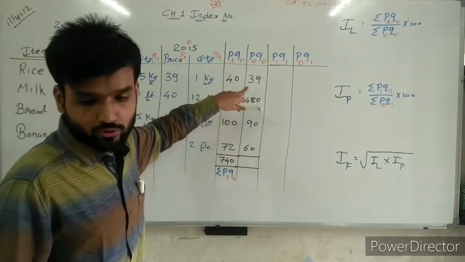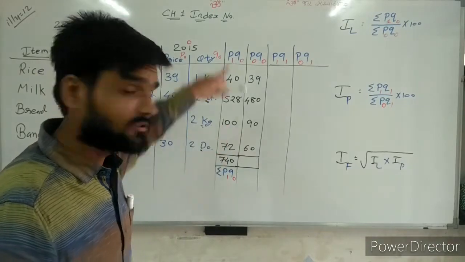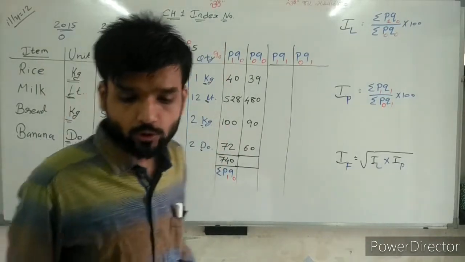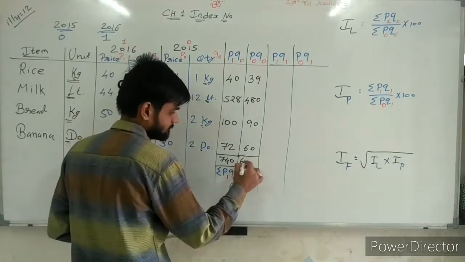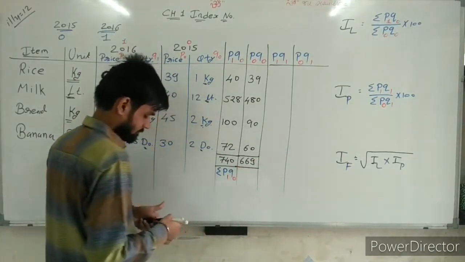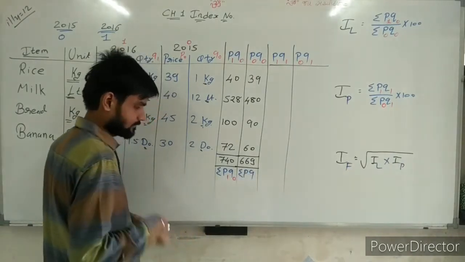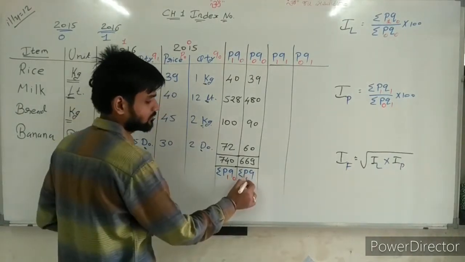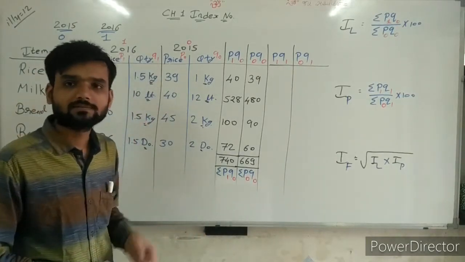Now P0 Q0 is 39 plus 480 plus 90 plus 60. If we make the total, its total is 669. Sigma P0 Q0 is the answer.